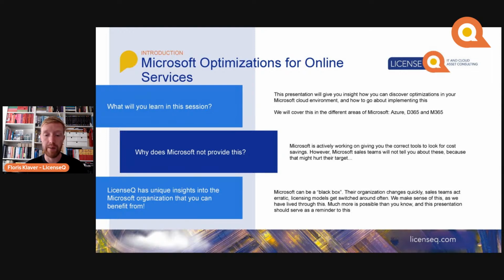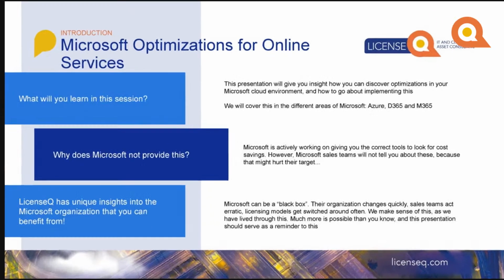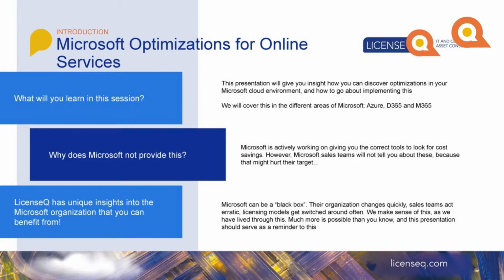it changes quickly, but on top of that, you see that a lot of sales teams can act erratic. Licensing models might get switched around, and the sales teams might want to profit from that. We always try to make sense of this.